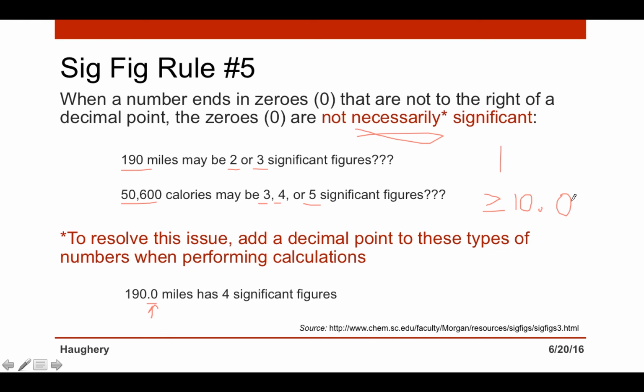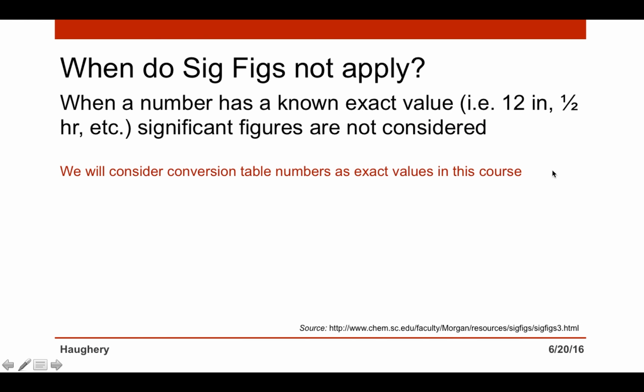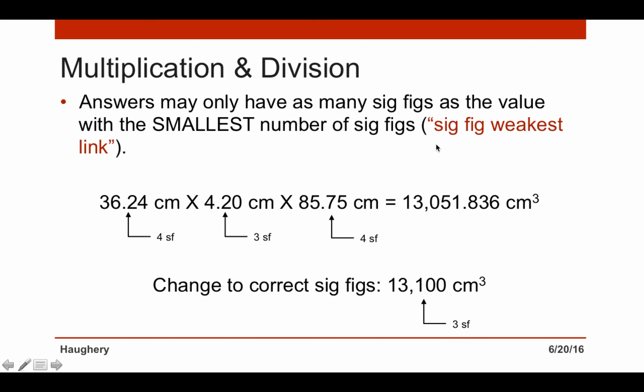And that's how we're going to determine our sig figs. So numbers that we use from conversion tables are considered exact values, and so significant figures do not apply. Any number that you pull from your conversion table, you're not going to use that to determine sig figs. That's basically a free number.